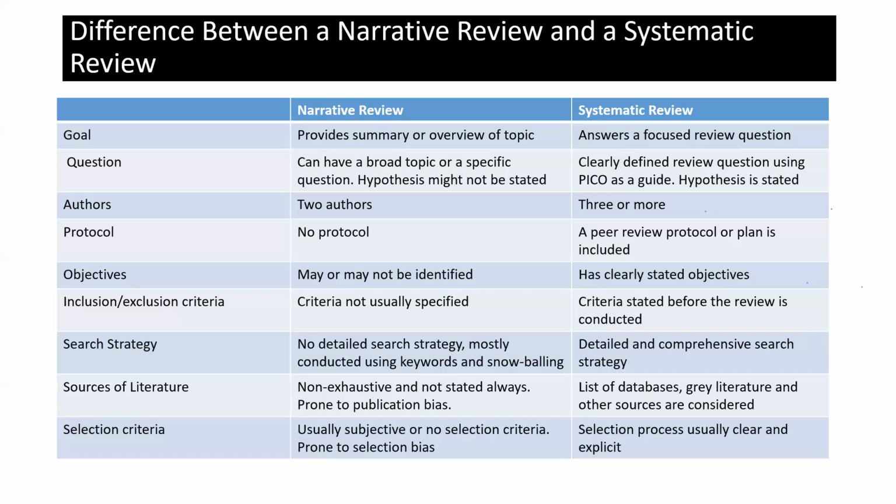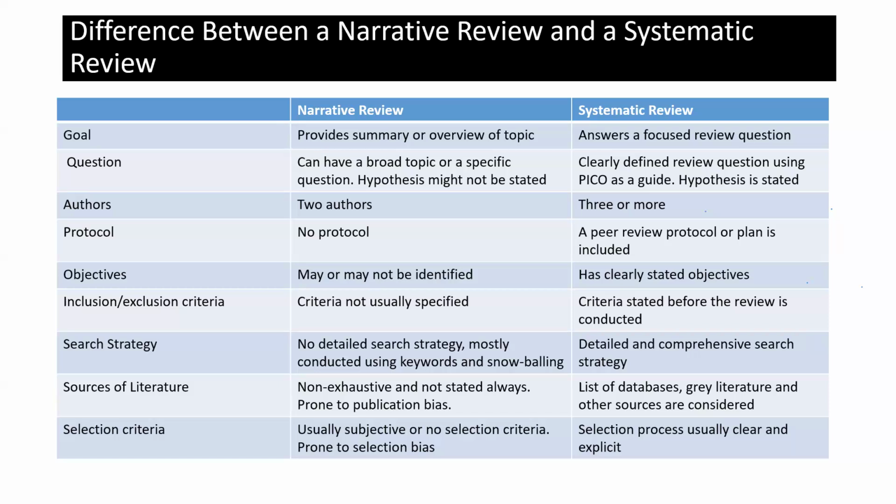Let my studies be in the systematic review so that I have more citations or something like that. So that also happens. So you have three or more authors who do this independently. They look at the study so that the personal and the academic bias and all those different kinds of biases are minimized.